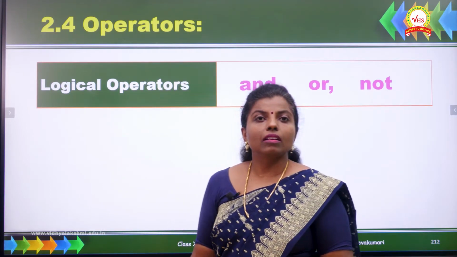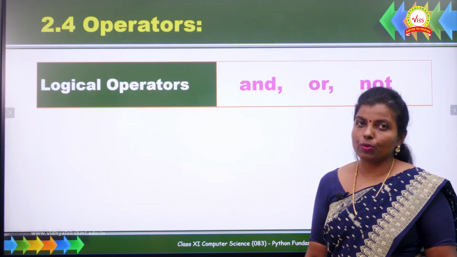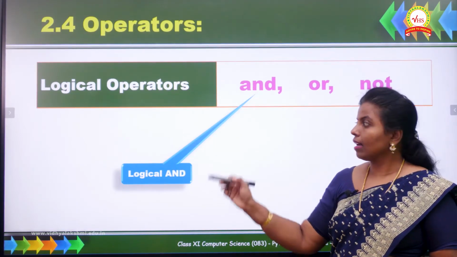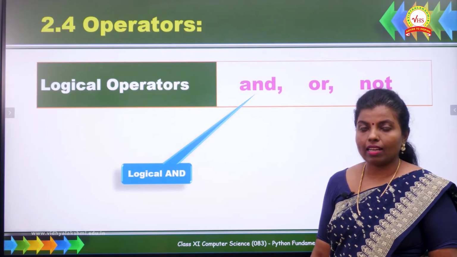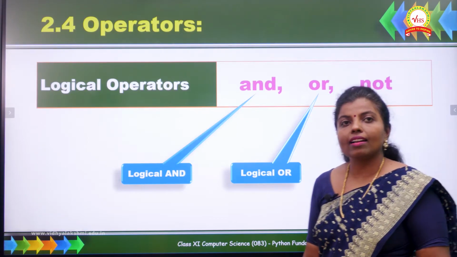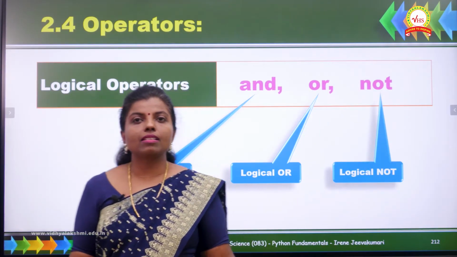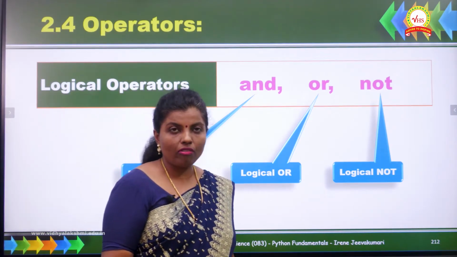That's why AND and OR are binary operators and NOT is a unary operator. The AND operator represents logical AND, the OR operator represents logical OR, and the NOT operator represents logical NOT. These are the logical operators of Python.